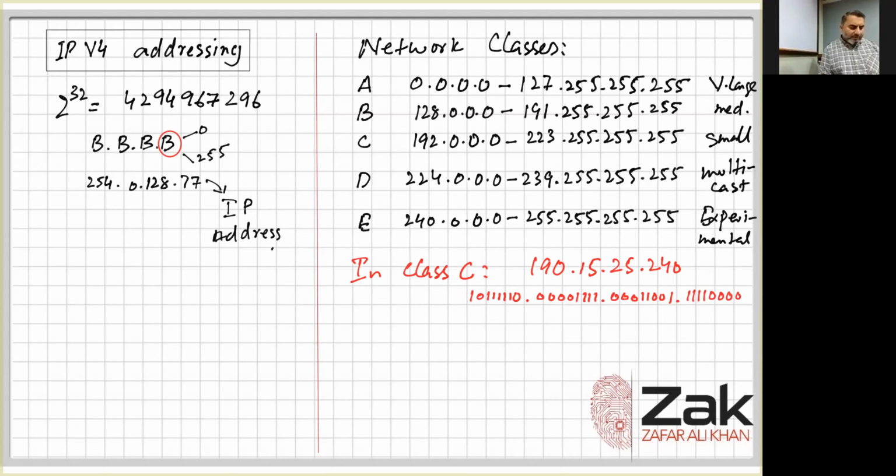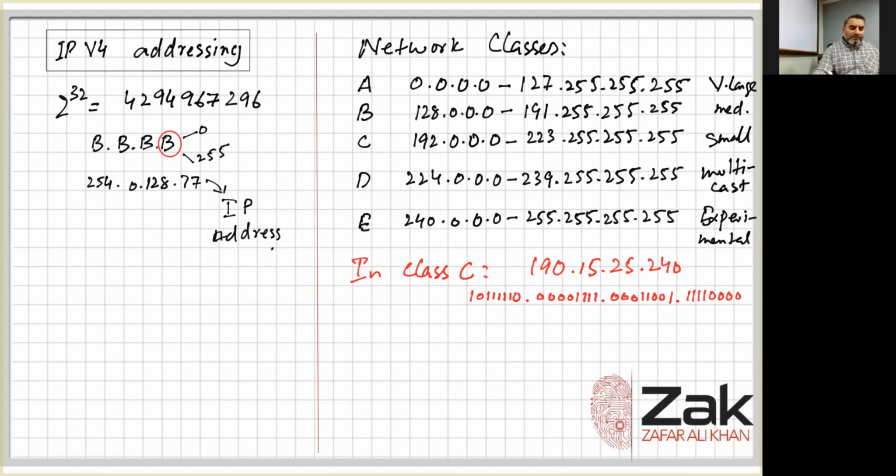The computer understands it, since we know that computers can understand binary numbers easily. It can be seen this way in class C. Any IP address can be converted to its binary form and can be accessed through the computer directly.